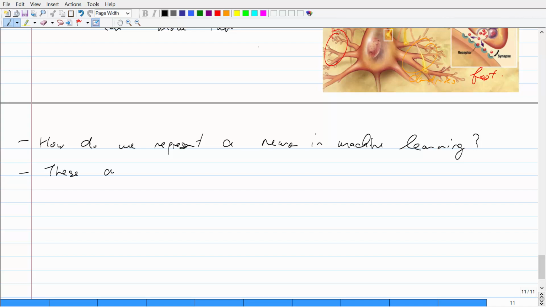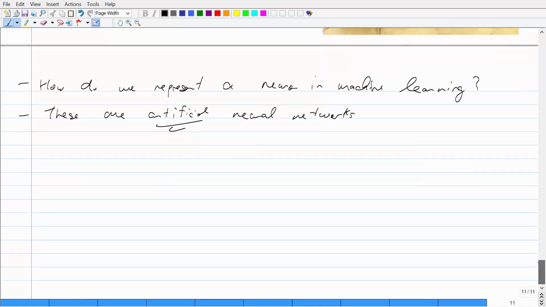So these are what's known as artificial neural networks, because you're simulating the way the human brain works. You're not actually taking a look at the human brain itself, so these are only similar to the human brain.